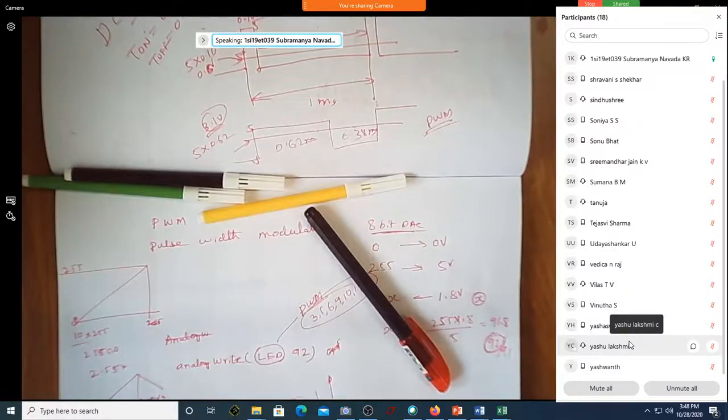That's why you write val equals analogRead(0), so from A0 it will read the value. By default it is input. So in your void setup, you specify input or output only for the digital IOs.